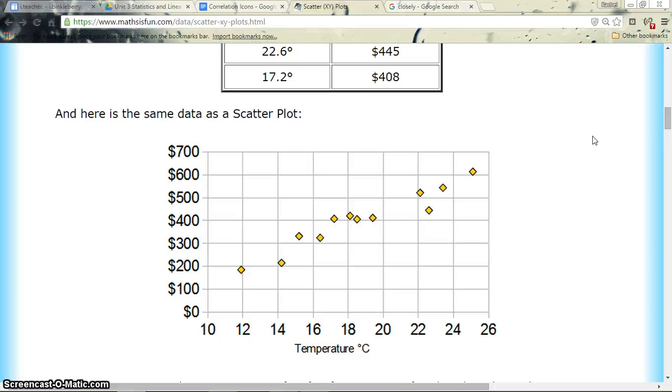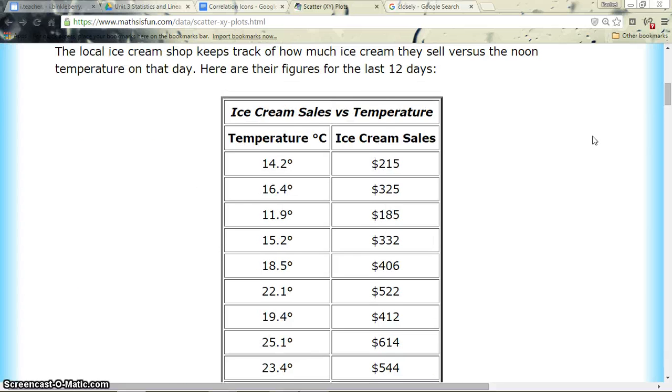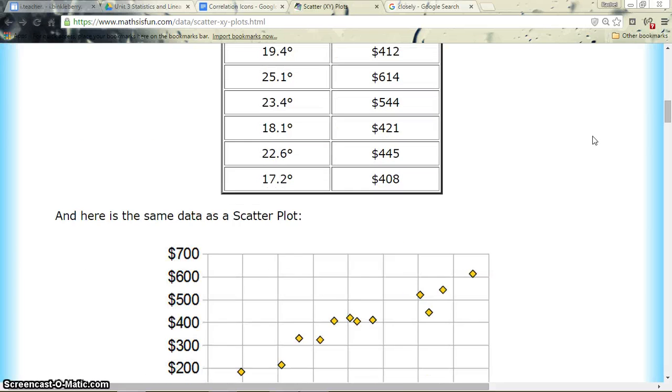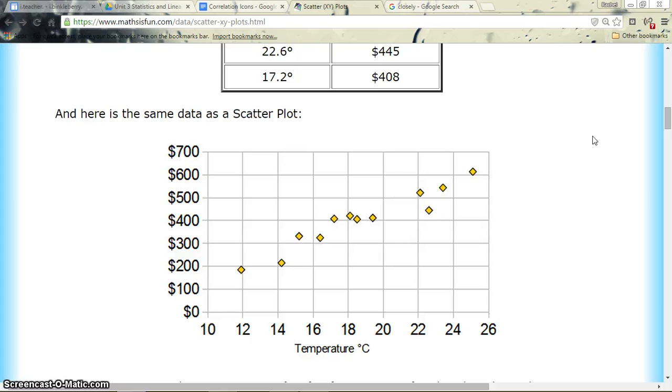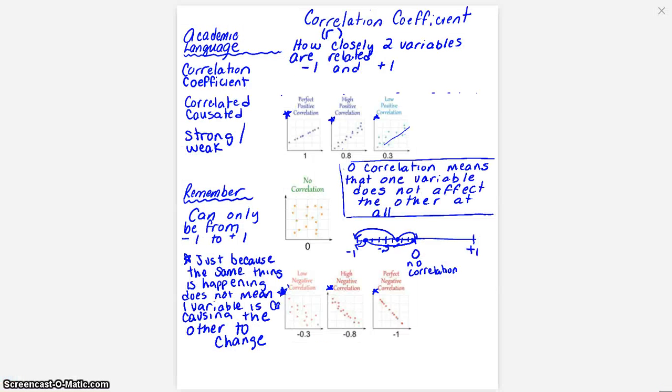I can tell already that it's going to be a strong positive correlation. But what you can do is put it in your calculator like I showed you, and I did. I put all of this data into my calculator, made my own scatter plot, and then told the calculator to find my correlation coefficient.